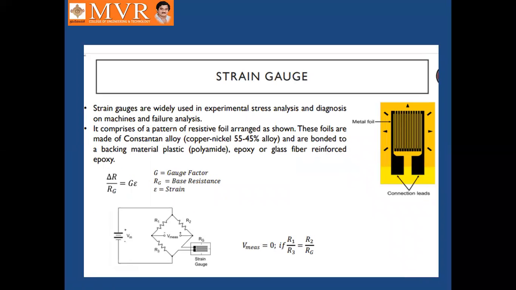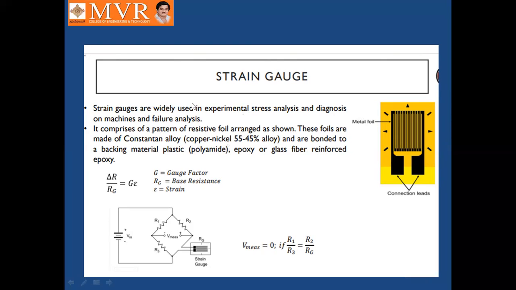And the next is the strain gauge, which we can call a resistive strain gauge. Strain gauges are widely used in experimental stress analysis, diagnosis on machines and failure analysis.